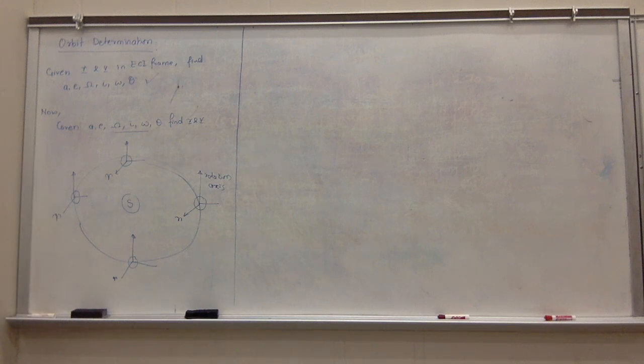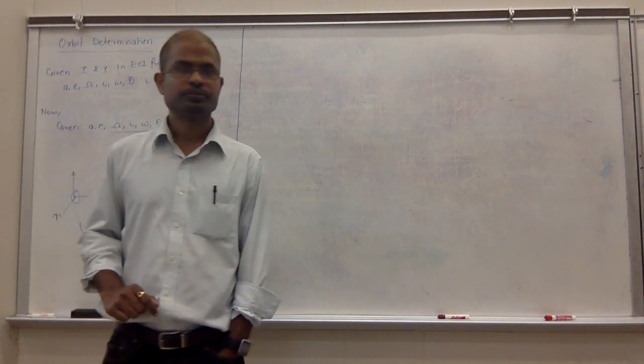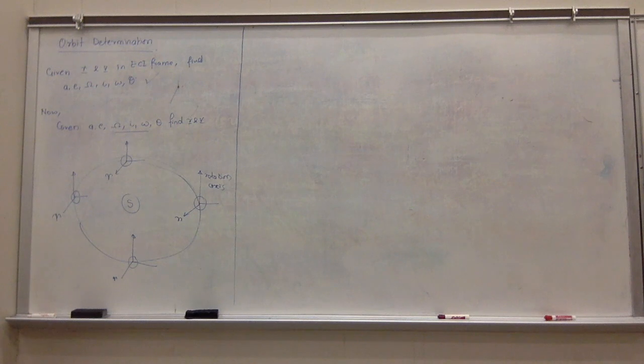Okay. I see Z, Y, X. XYZ is this. Okay? You have X, Y, and Z. You see it? That is the ECI frame, or the geocentric equatorial frame. Right? Geocentric equatorial frame.